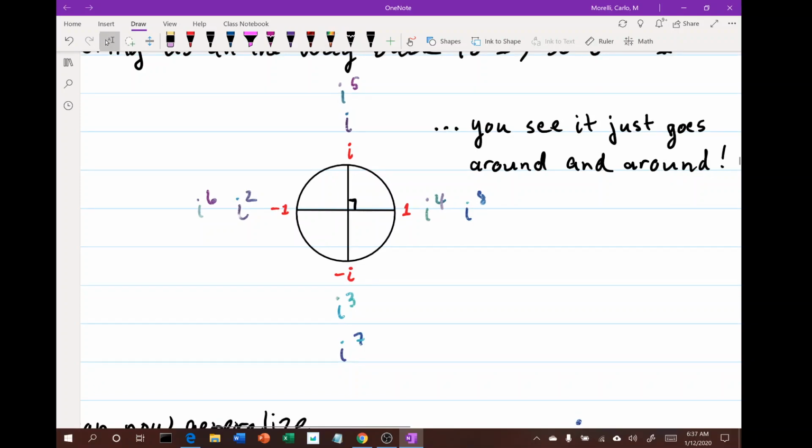Here we're moving in this direction. 1 times i is i. Times i is negative 1. Times i is negative i. Times i is 1. Continue. Times i is i to the 5th.